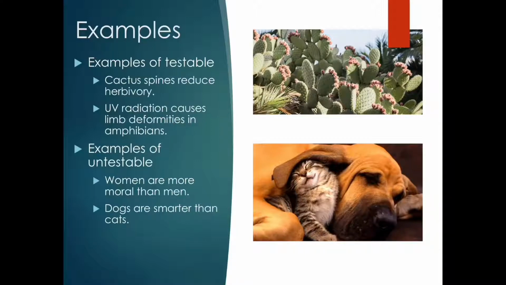Well, that's another subjective thought because a dog person would say that dogs are smarter than cats, but a cat person may say that cats are smarter than dogs. So hypotheses need to be testable in a quantitative way, or in some way that is not subjective to the person that's doing the testing.